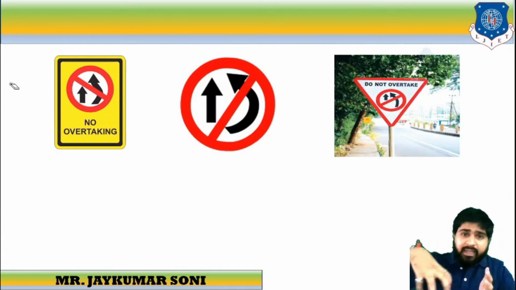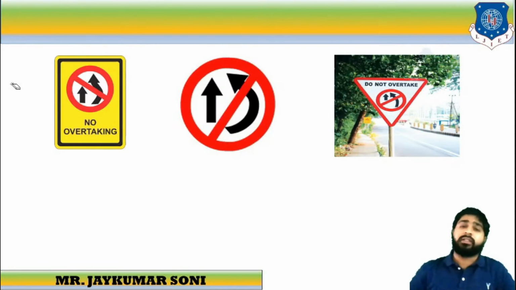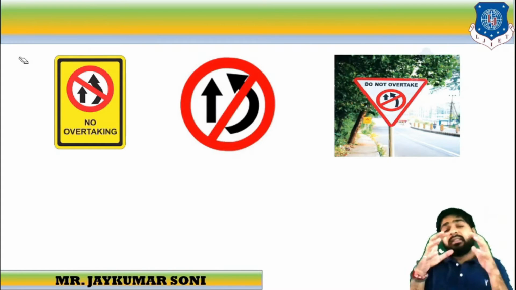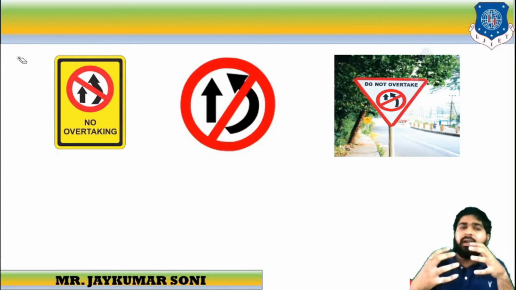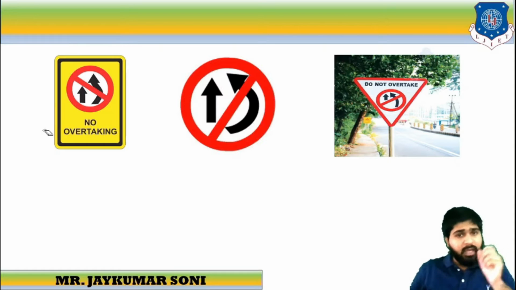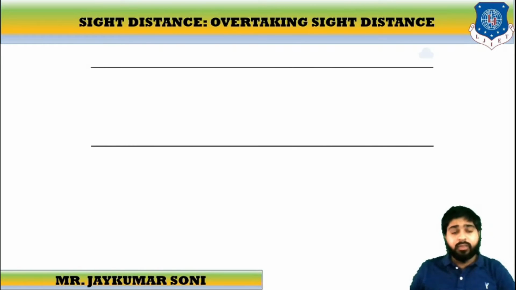We can easily and safely overtake the vehicles, and we can reduce the obstructions. So on fast moving lanes, let me write down that thing, the highway of such a lane should be provided with a sufficient amount of overtaking ability. So let us discuss the sight distance and overtaking sight distance.